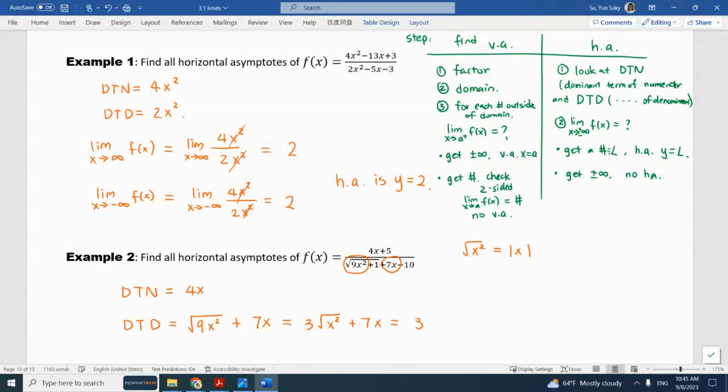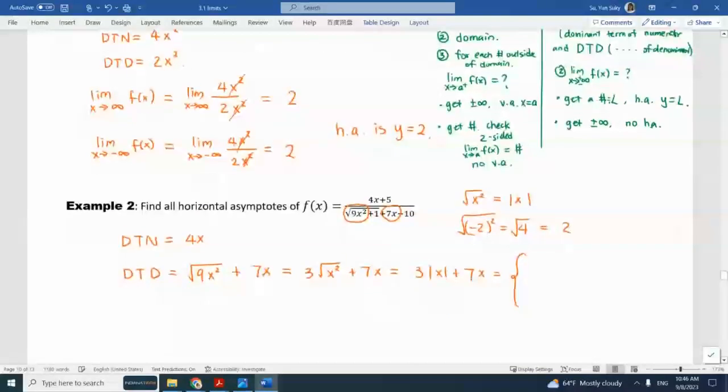It's actually absolute value of x. Why? Think about it. I give you minus 2 squared. What's that? 4. And when you take square root, what's square root of 4? 2. Do you see when your x is negative, when you take square root, you get positive, right? That's why this is actually absolute value of x. It's not just x.